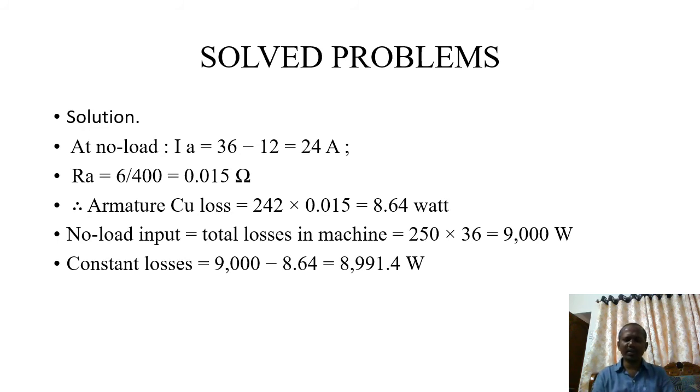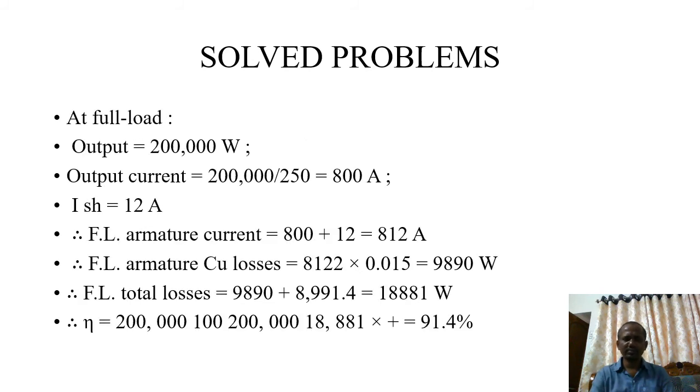When running under rest position, we calculated the constant loss of the shunt generator, 8991.4 watts. So at full load, we can calculate the output and efficiency of the machine. Output is given 2 lakh watts or 200 kilowatts.